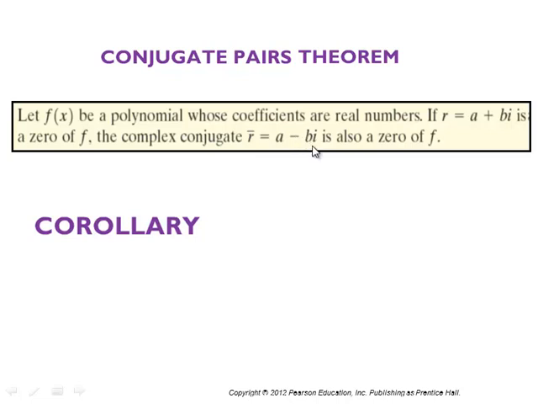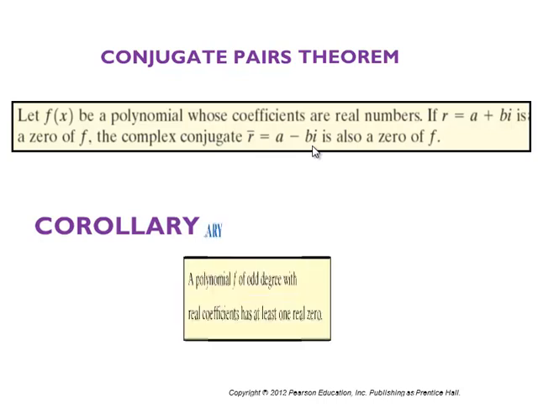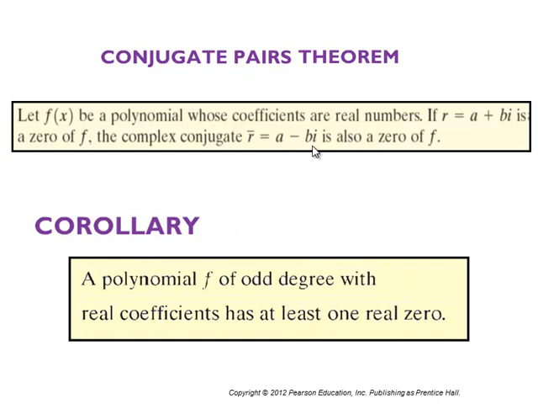So if 2 plus 3i is a zero, then 2 minus 3i is also going to be a zero. So that will be a handy, useful guide.